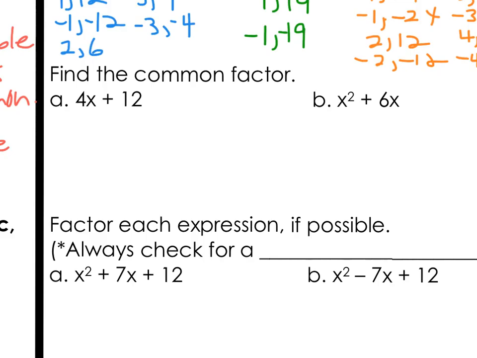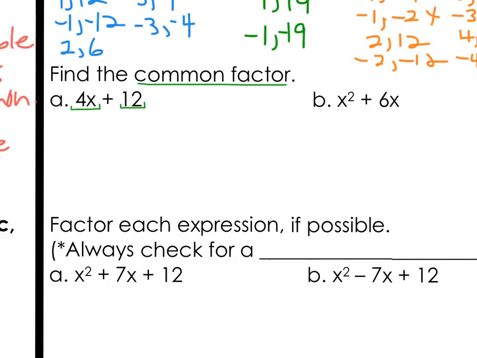It says find the common factor. As we look at the first expression, it's not even quadratic. This one is technically linear. 4x plus 12. Each term in this expression, we have a 4x and then we have a 12. A common factor is something that we could take out of both of them through division.